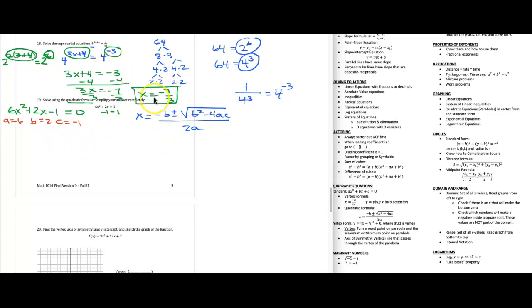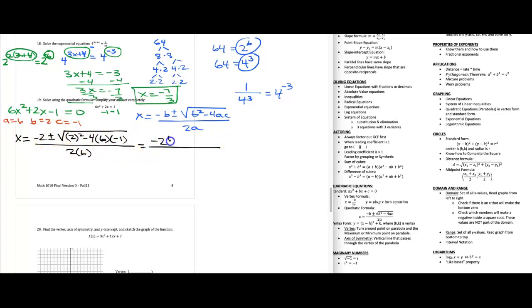So when I put those numbers in, I get x equals negative 2 plus or minus square root of 2 squared minus 4 times a, which is 6, times c, which is negative 1, all divided by 2 times 6. All right, and then I just need to simplify things inside here.